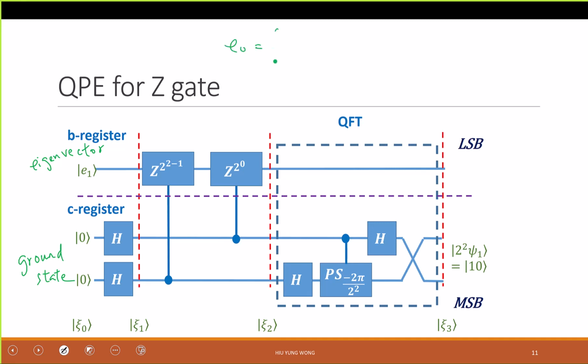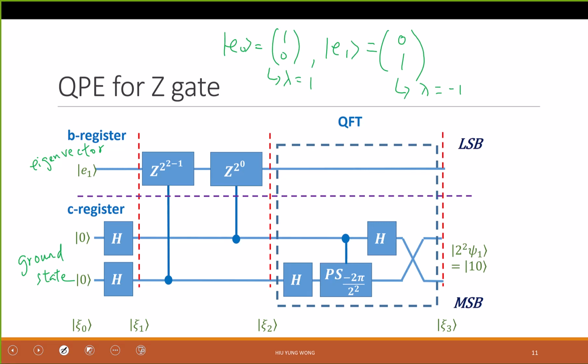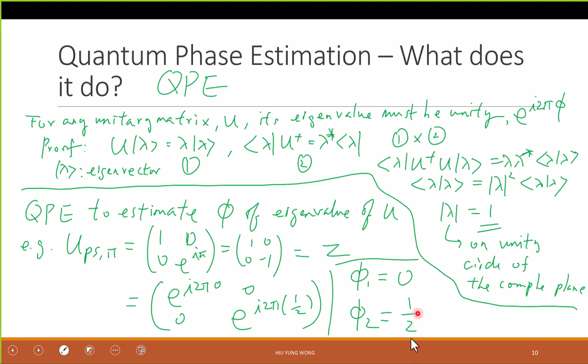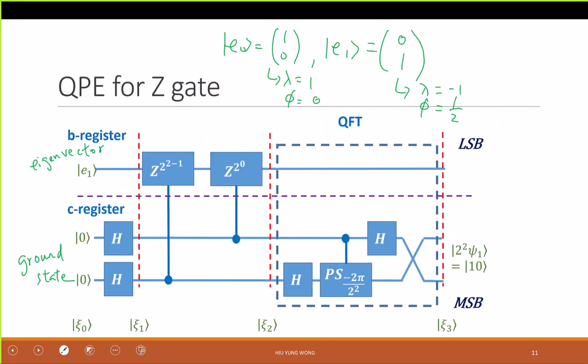E0 equals (1, 0), E1 equals (0, 1). The first corresponds to lambda equal to 1, which corresponds to the phase equal to 0. The second corresponds to lambda equal to -1, which corresponds to the phase equal to 1/2 that we just showed here. This gives you -1, and this 0 gives you 1. Is this okay?